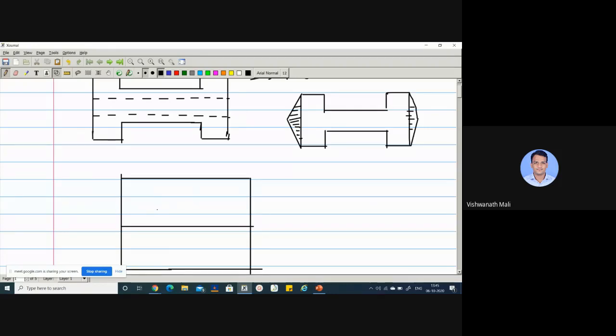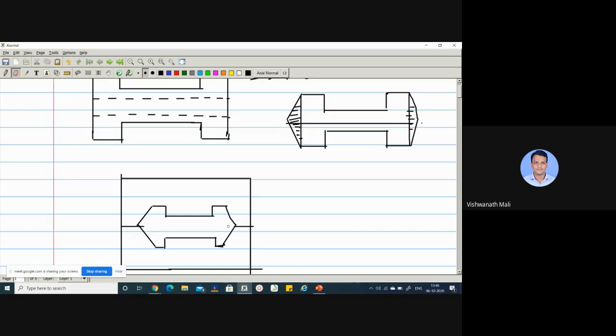So here we put this pattern, and with this pattern we get the cavity or mold. The mold shape is something like this.